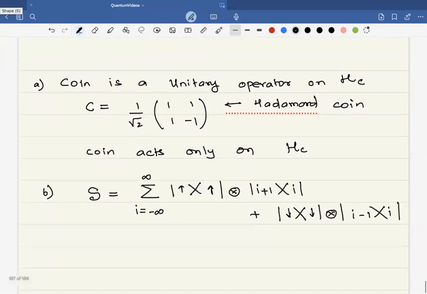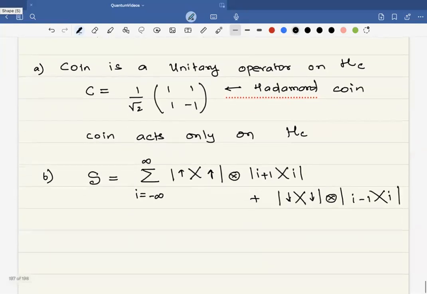So this is called the conditional shift operator. What it does is that if the coin state is in the up state, then it shifts the position of the walker from i to i plus 1. And if the coin state is in the down state, then it shifts the position of the walker from i to i minus 1. And this is a unitary operator.